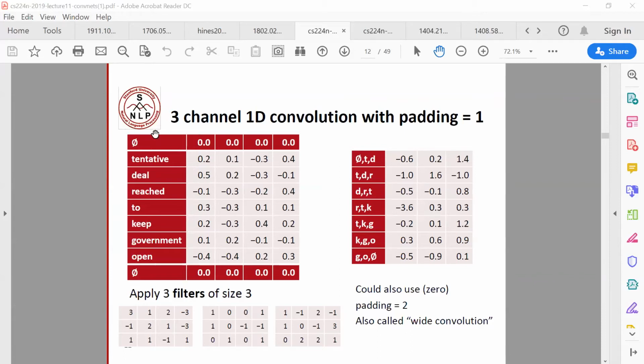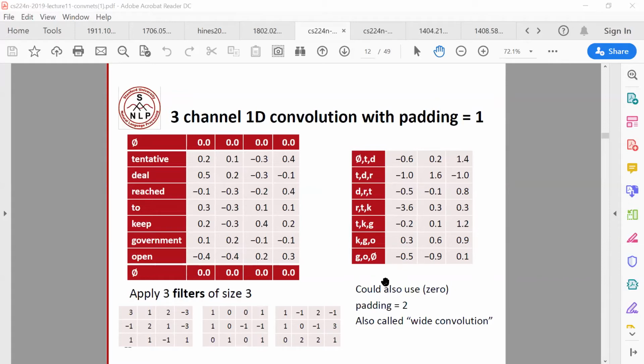If you would put 2 rows of zeros, you'd add an extra row here and an extra row here. And instead of having the same number of elements as the length of your sentence, 7, you'd end up with another 2. So that's what they mean by a wide convolution, I guess.